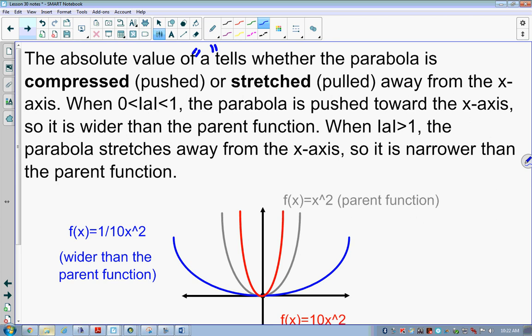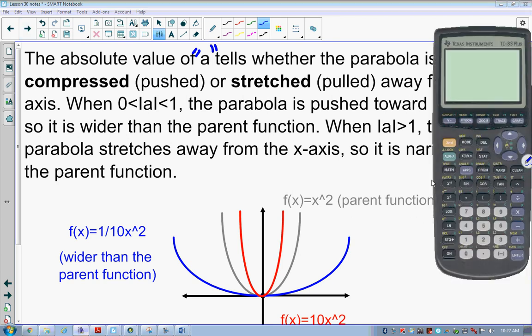All right, let's look at an example of this. Let's clear this out. Y equals, let's say, 1 divided by 10 x squared. Let's just graph that. See what we get. See how wide that is?